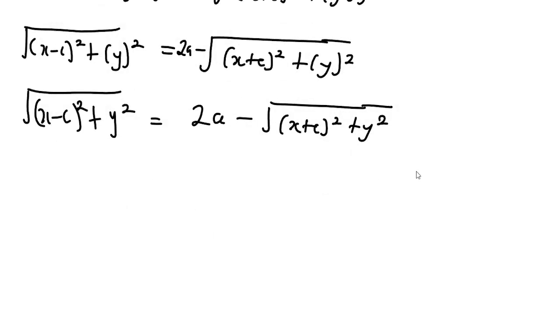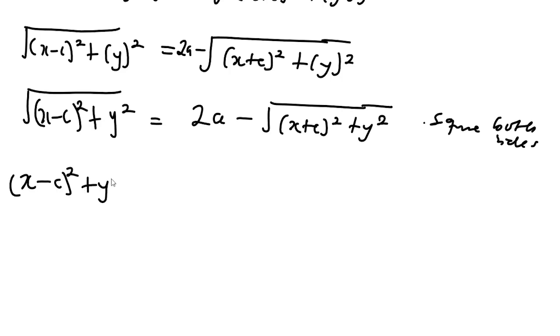Now at this point, let's square both sides to get rid of the square root. If you square both sides, the square root here will go. So we have x minus c squared plus y squared being equal to, now this, the whole of this squared.